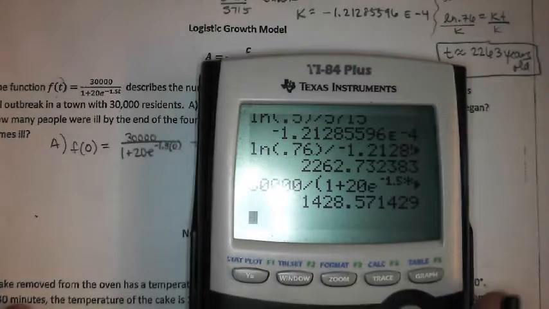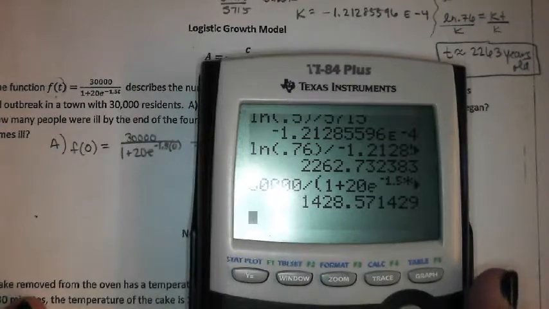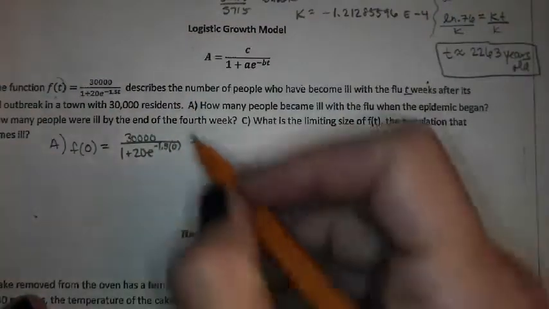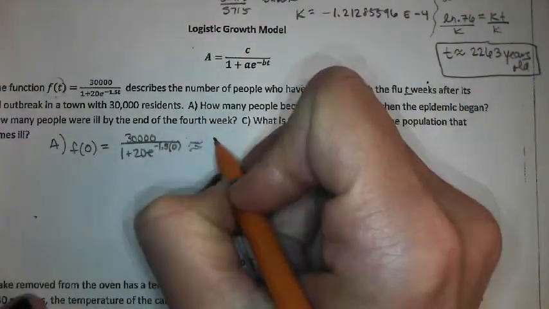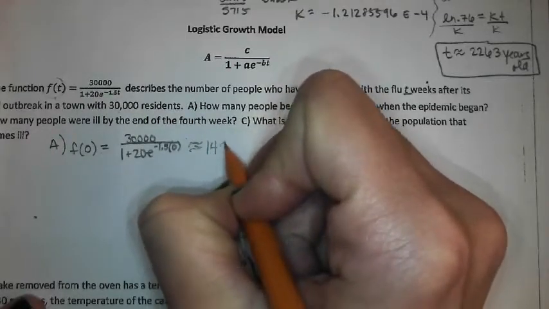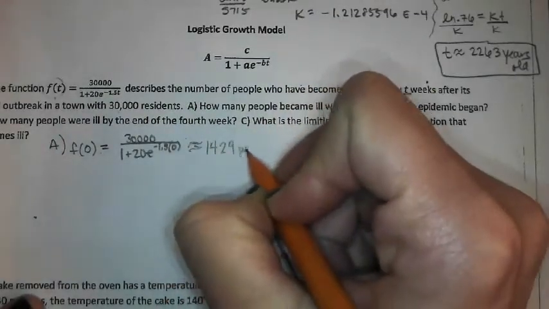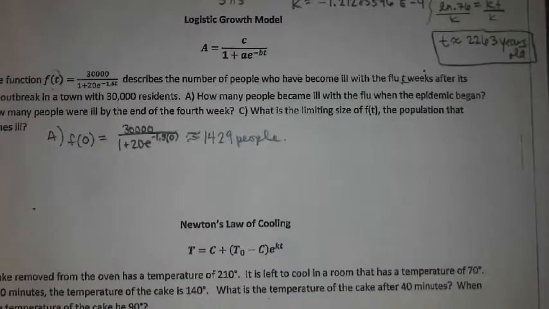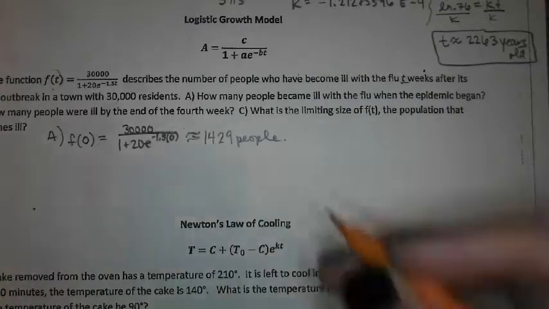So, 1,429 approximately. It's people, so I am going to round to the nearest whole number. So at the start of this, 1,429 of the 30,000 got it.